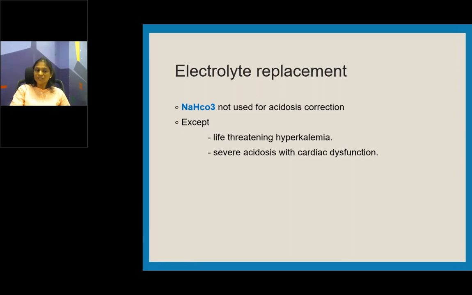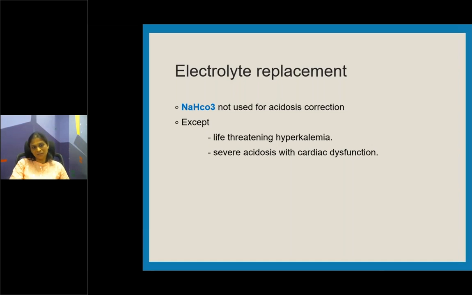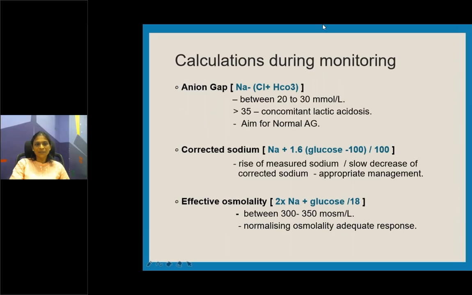There are two situations in a severe DKA. When there is a severe acidosis, cardiac dysfunction sets in and our catecholamines fail to act. In such a situation, and in a life-threatening hypokalemia, we use soda bicarb. Even then, we give 1 milliequivalent per kg very slowly over 1 hour. We don't give a bolus of soda bicarb.